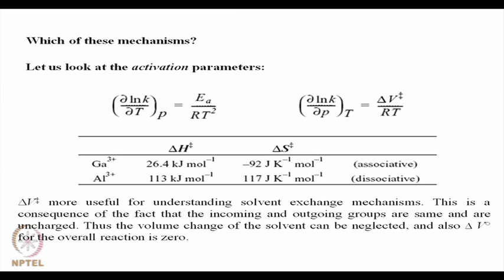And we have also talked that delta V activation is more useful for understanding solvent exchange mechanisms. This is a consequence of the fact that when the incoming and outgoing groups are the same, if it is water coming and water going out, there is not much change in volume of activation.